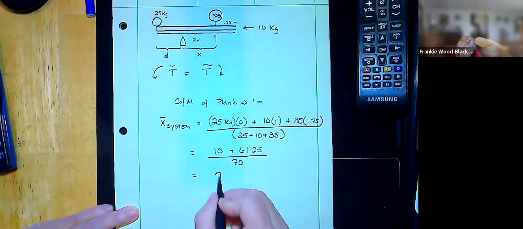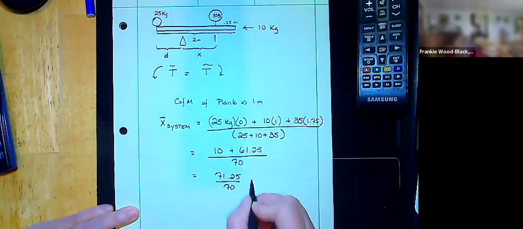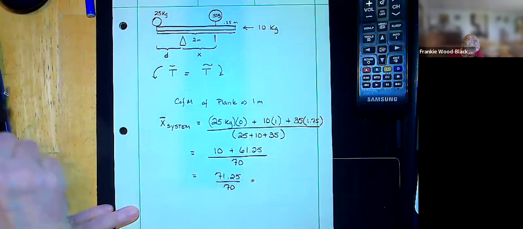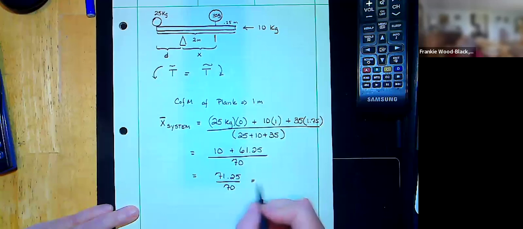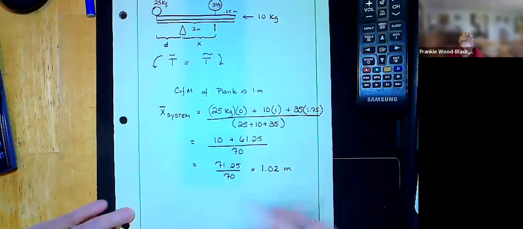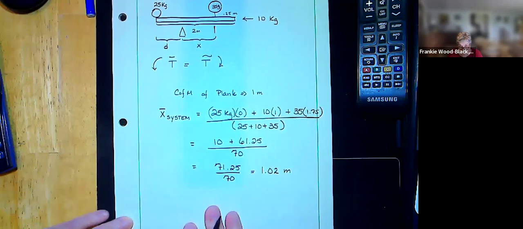So I have 71.25 divided by 70. That's going to be at 1.02 meters. That's where we would place that pivot.